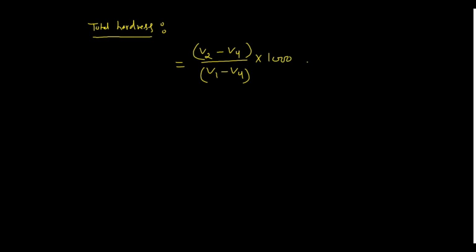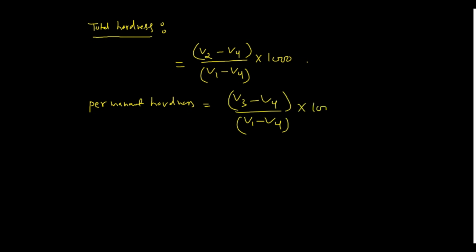For permanent hardness, your expression was V3 minus V4 over V1 minus V4 multiplied by 1000.